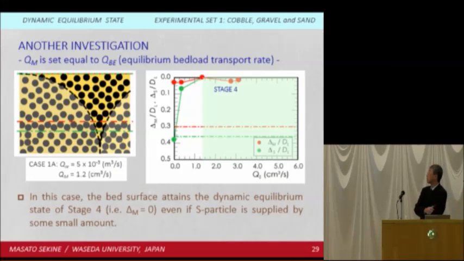Another investigation was conducted also, and in this case, QM is set equal to QBE, equilibrium bed load transport. In this case, the bed surface attains the dynamic equilibrium state of stage 4, even if S particle is supplied by small amount.